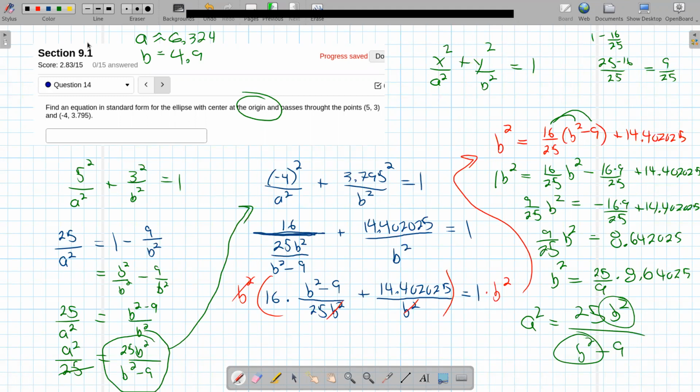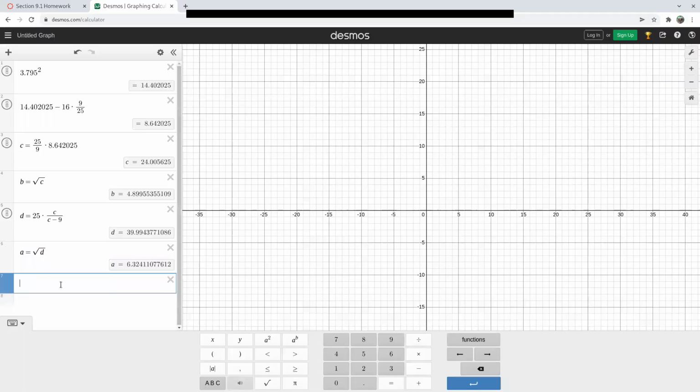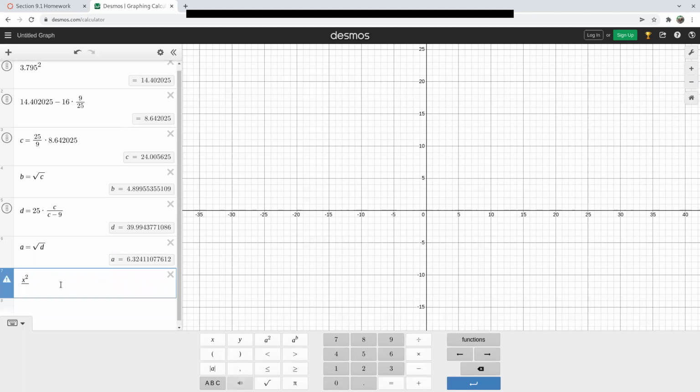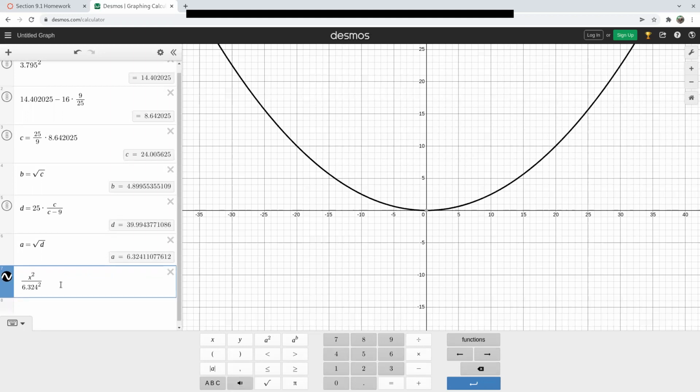And let's see if the point 5.3 works. Now, since we're rounding, it won't be exactly 5.3, but it ought to be close. So I'm going to graph the ellipse x squared over 6.324 squared plus y squared over about 4.9 squared should equal, oops, 1.